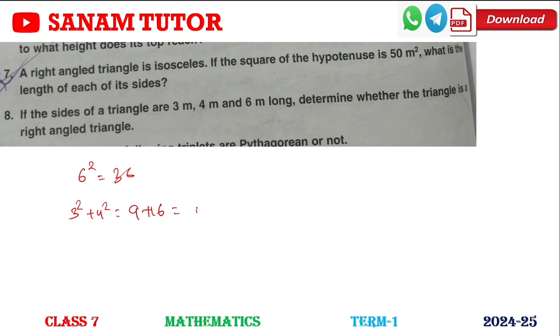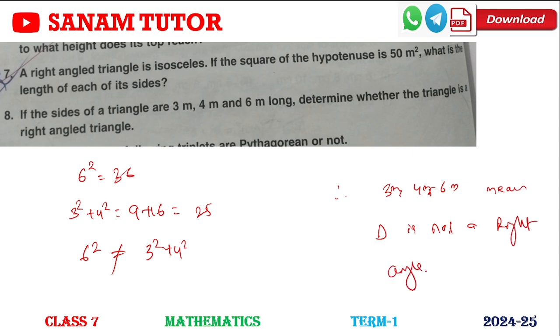So 25 equal to 36? No. So we can write 6 square is not equal to 3 square plus 4 square. That's why the triangle with sides 3, 4, 6 meter is not a right angle triangle.